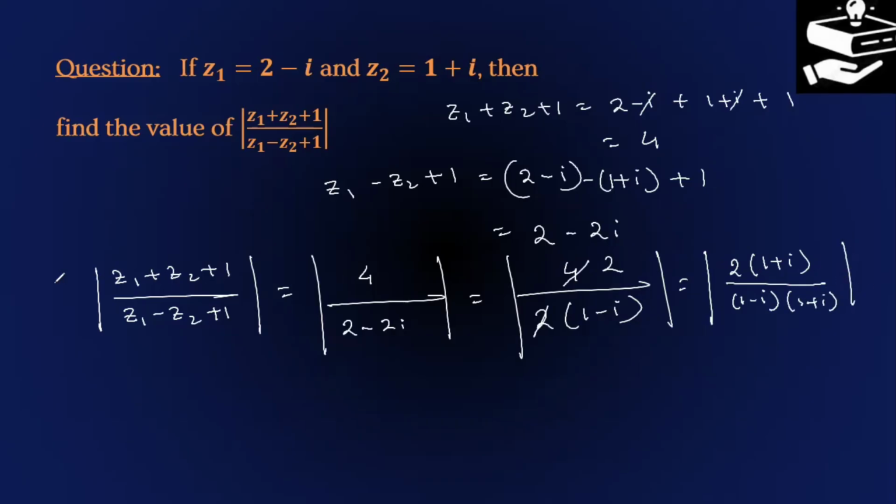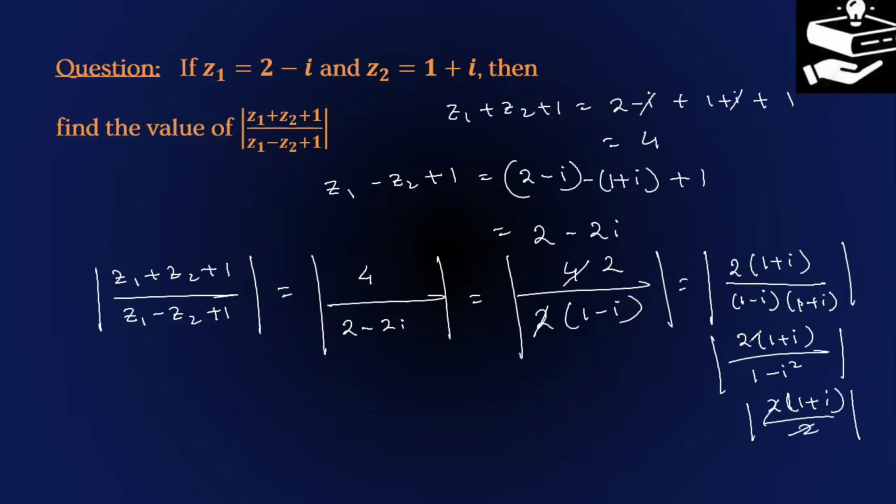Now 1 minus i times 1 plus i will give you 1 minus i square, which is 1 plus 1. Here you will be getting 2 times 1 plus i. Now 1 plus 1 is 2. So 2 times 1 plus i over 2. You can cancel this out.